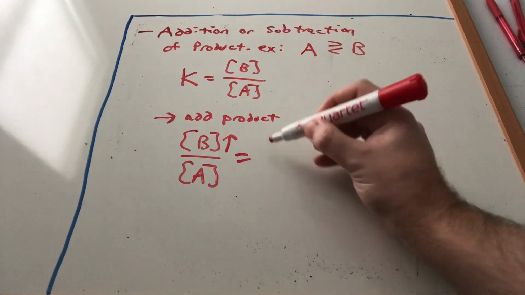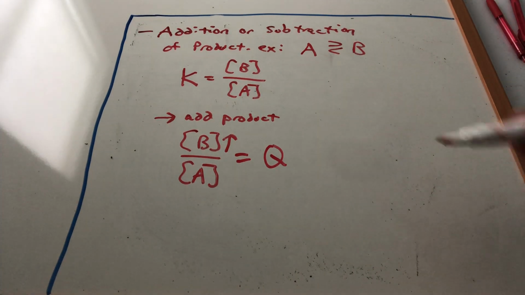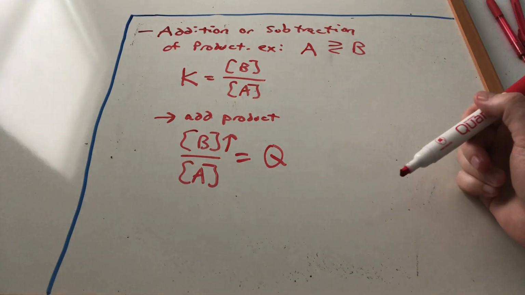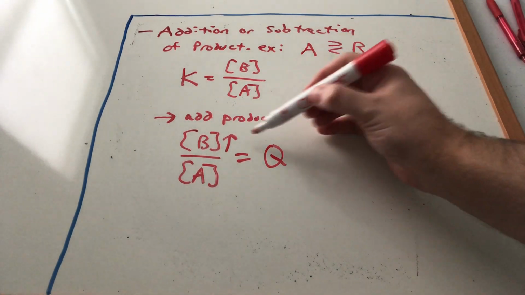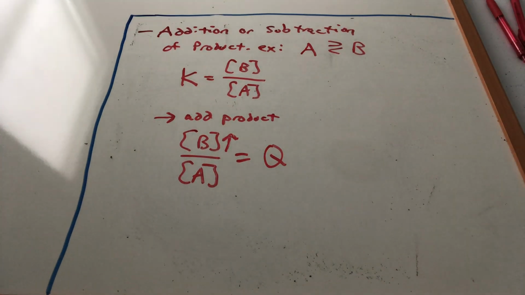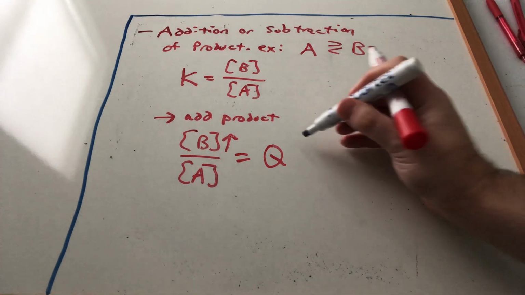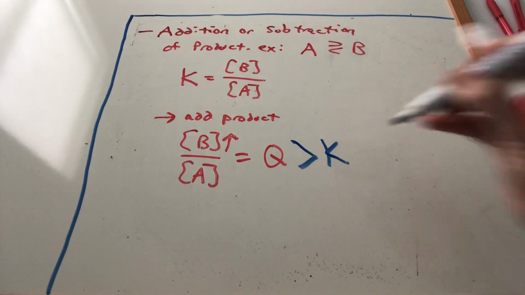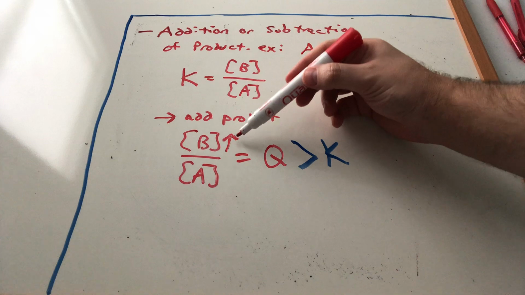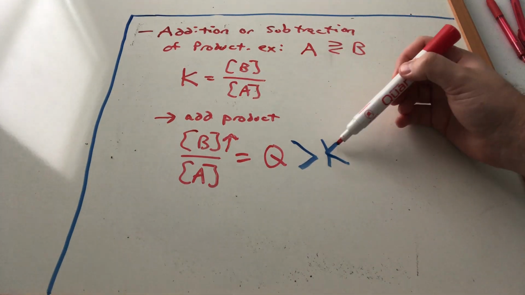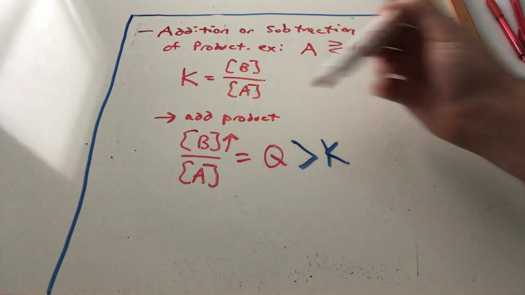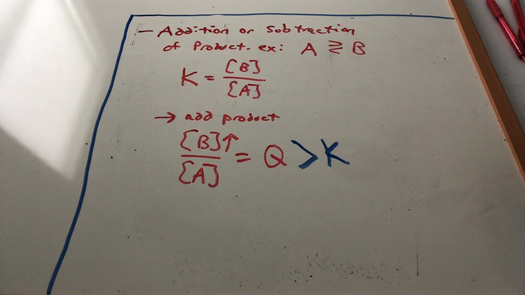So if you think about what Q looks like in this situation, well, here was K. And now the numerator has gone up. So if you think about how Q compares to K, well, down here we're saying it's higher. So in this situation, Q is greater than K. As soon as you dump product in there, you now have perturbed the equilibrium and Q is bigger than K. Essentially, you dumped product into an equilibrium and now you have too much product, which kind of makes sense.